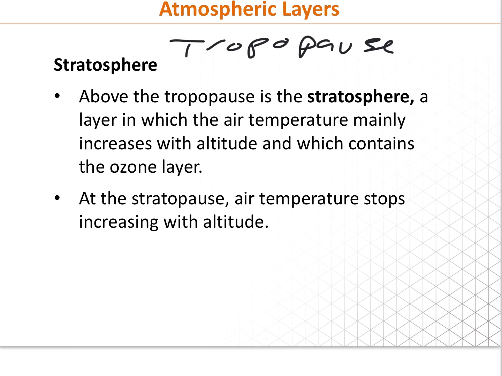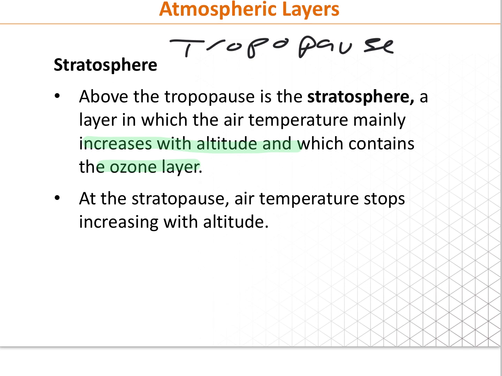So key points here that I want to highlight. Got my highlighter out, right? Temperature is going to increase with altitude, and you're going to have the ozone layer. So now, why would temperature start to increase?